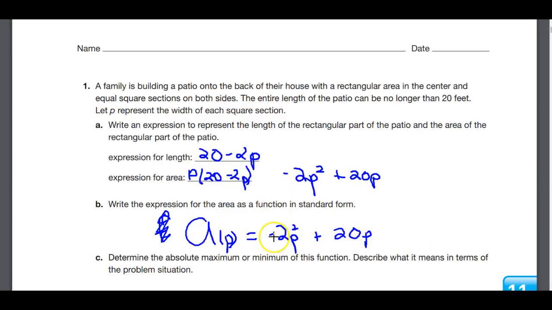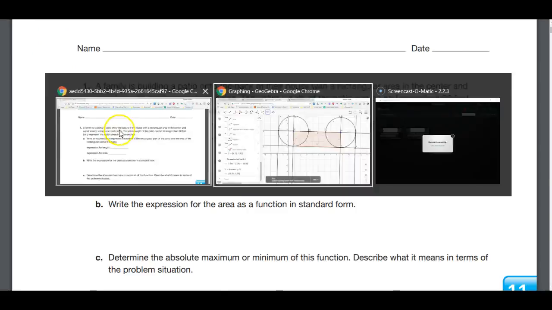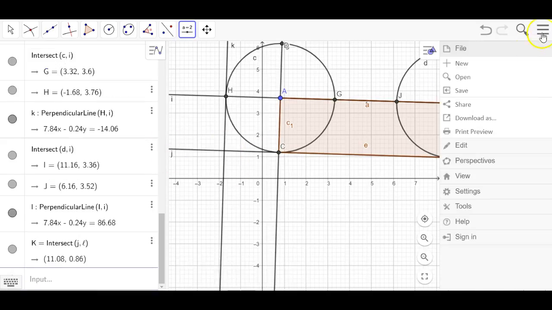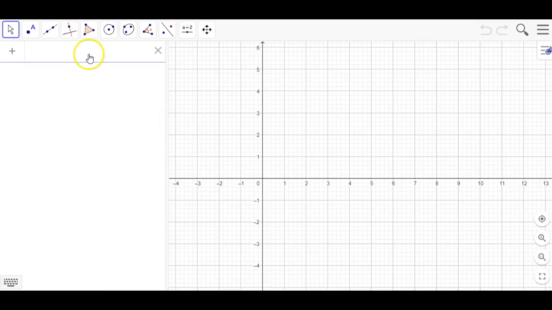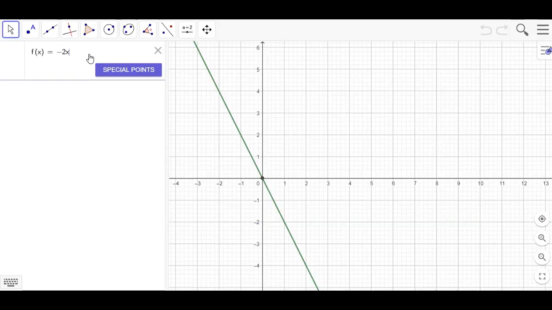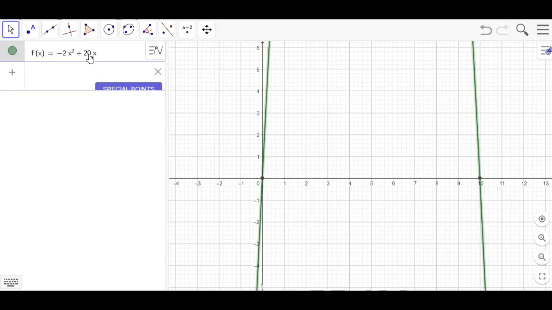Okay, let's go back to our graphing tool and get a new one, don't save, and I'll put f of x is equal to negative 2x squared plus 20x.